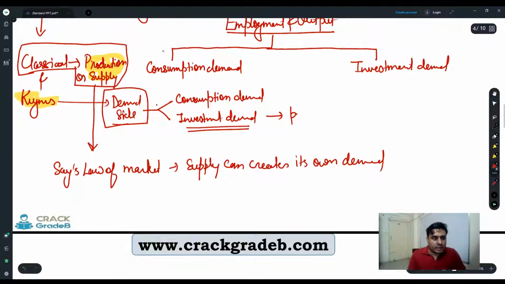So here, when Keynes was saying demand side, he is talking about demand, consumption demand, and he is also talking about investment demand. When he is talking about consumption demand, he is focusing on consumers.